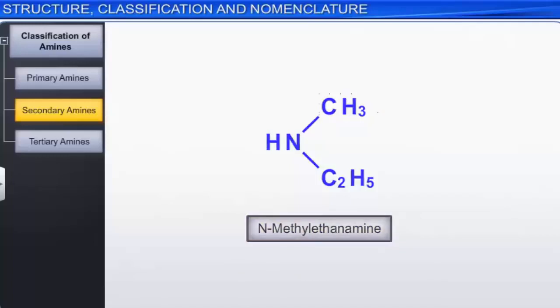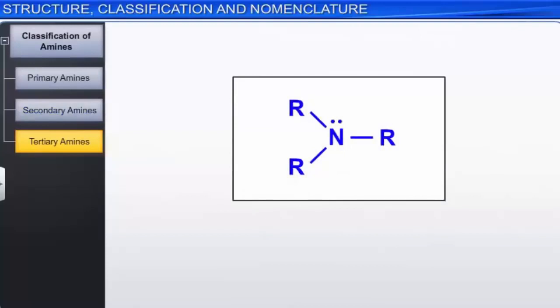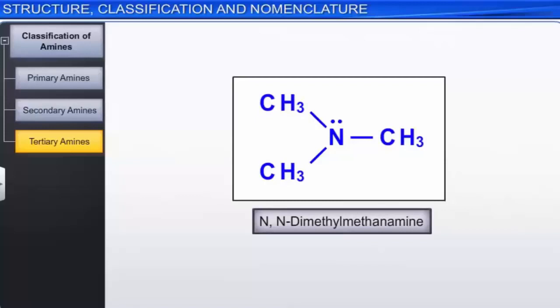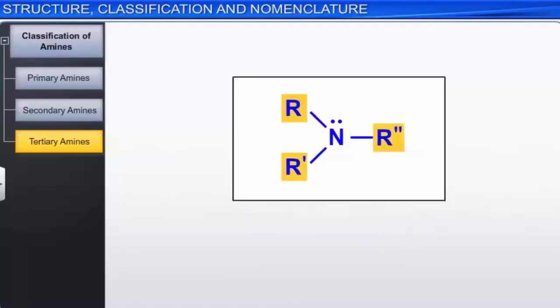In tertiary amines, if all the alkyl groups are the same, then two alkyl groups are treated as side chains and one is named alkanamine. Thus, the following tertiary amine is named N,N-dimethylmethanamine. If all the three alkyl groups in tertiary amines are different, then the alkyl group with the more number of carbon atoms is treated as the principal chain and is named as alkanamine.